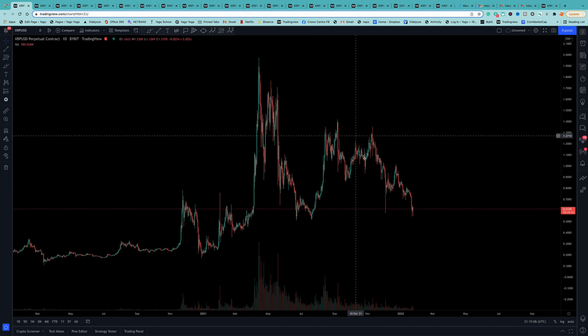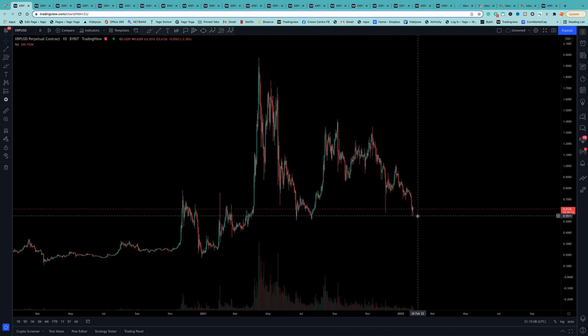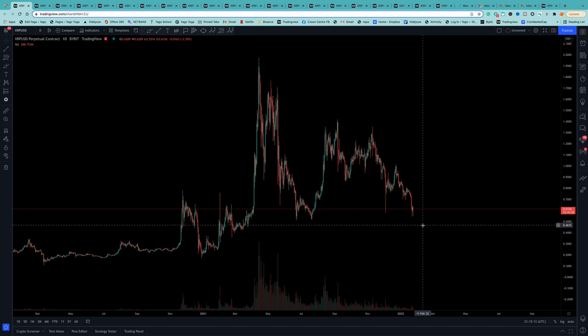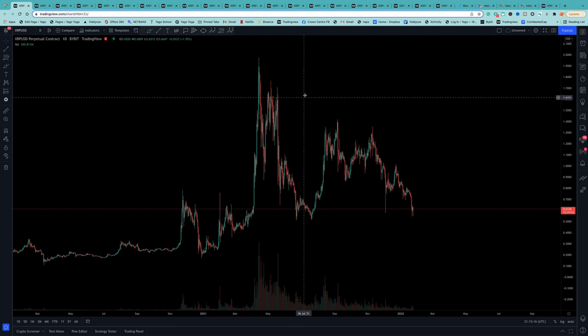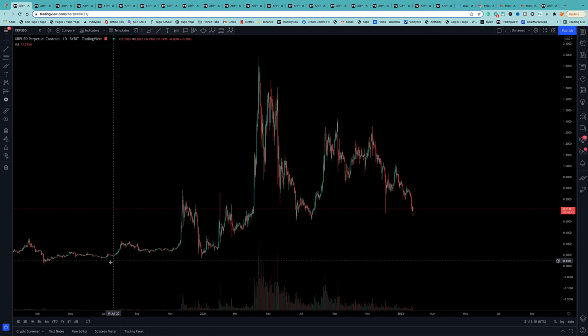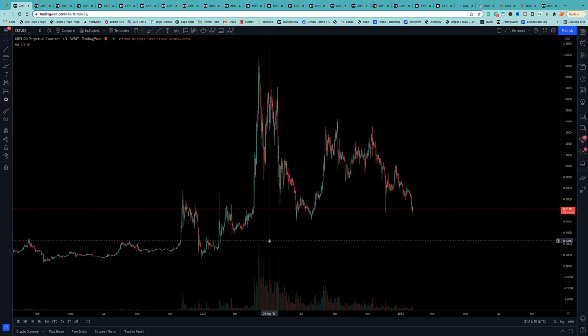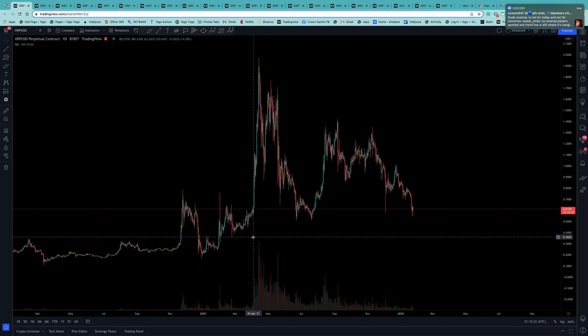So when you see this correction going lower, it can go lower and still not invalidate this bull run. I think it could come all the way down to 36.